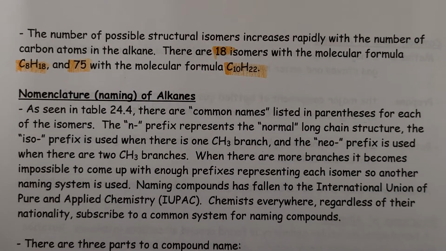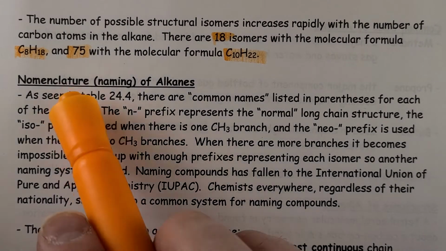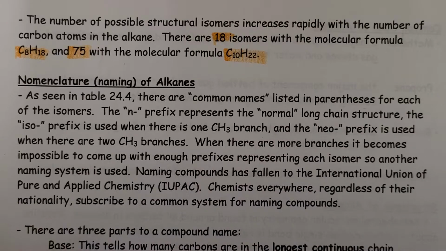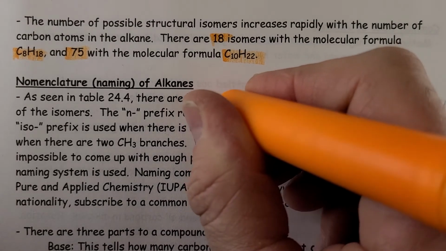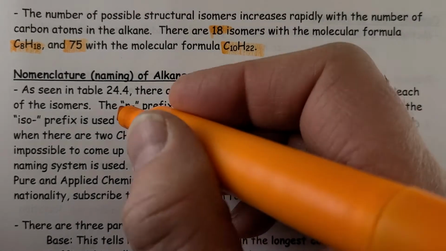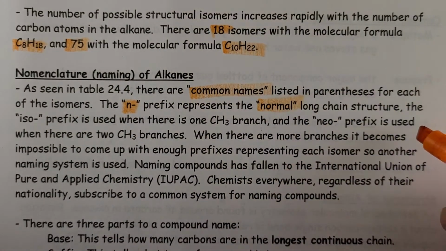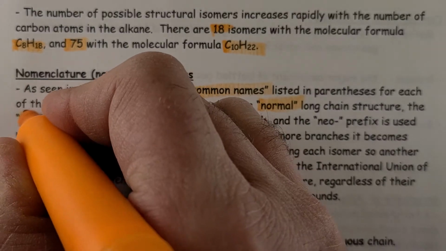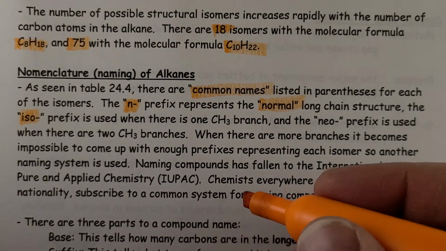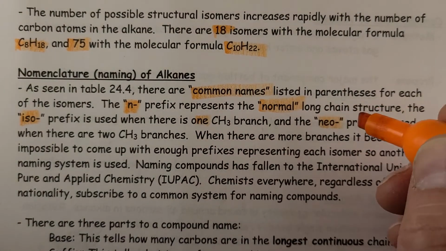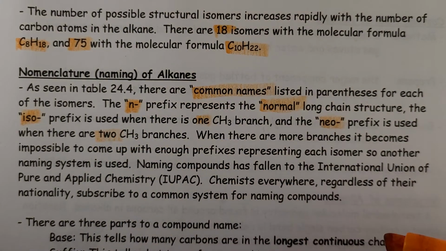When looking at naming, or nomenclature, of alkanes, as seen in the table, there are common names that we could use. As I mentioned, the n being normal represents just a long continuous chain. We could use the prefix iso when there is 1 branch, neo when there are 2 branches, and then we can keep going higher and higher.